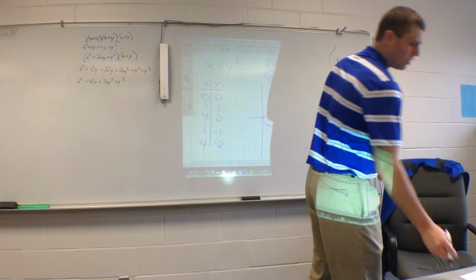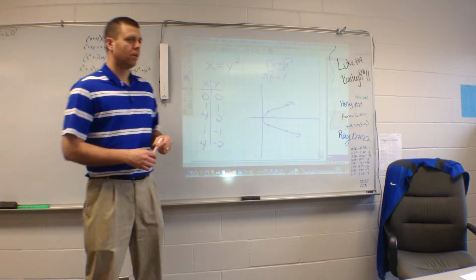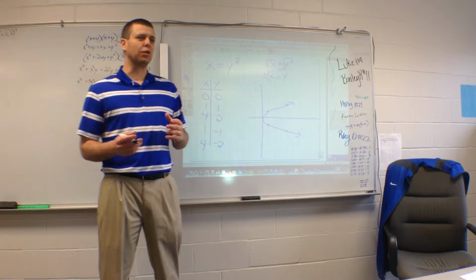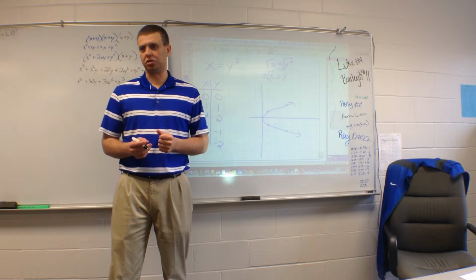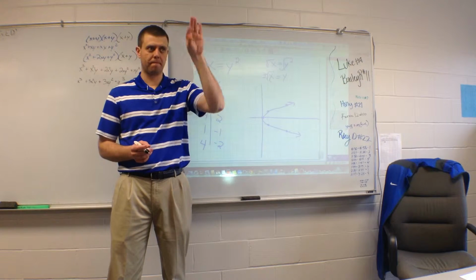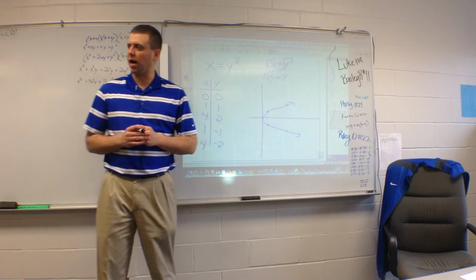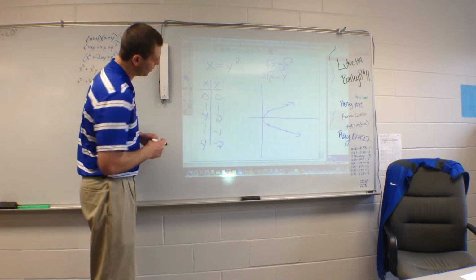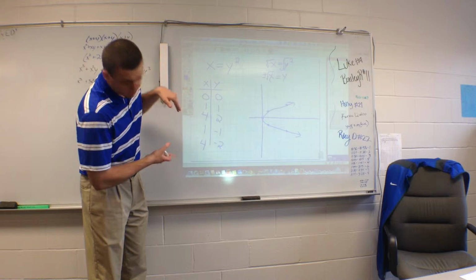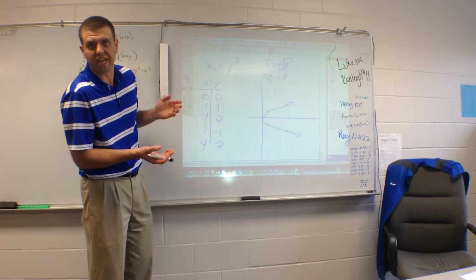Some people think of it this way. You know that y equals x squared, the parent function, starts at the origin and goes up, right? So when they switch it around to x equals y squared, some people just turn their heads and look at it sideways, and essentially graph the parent function looking at it sideways.